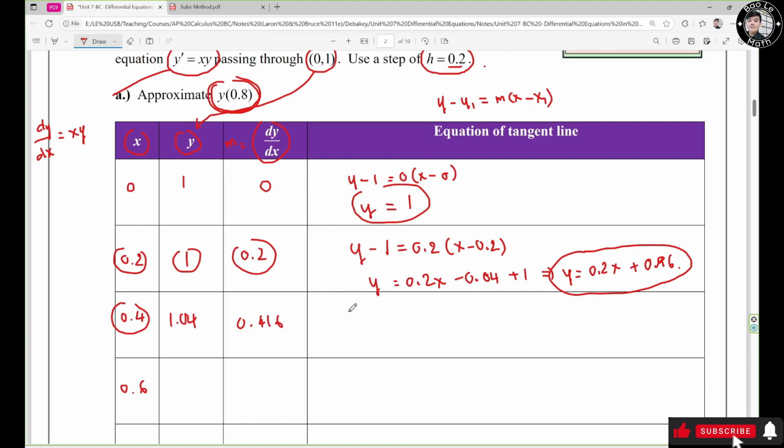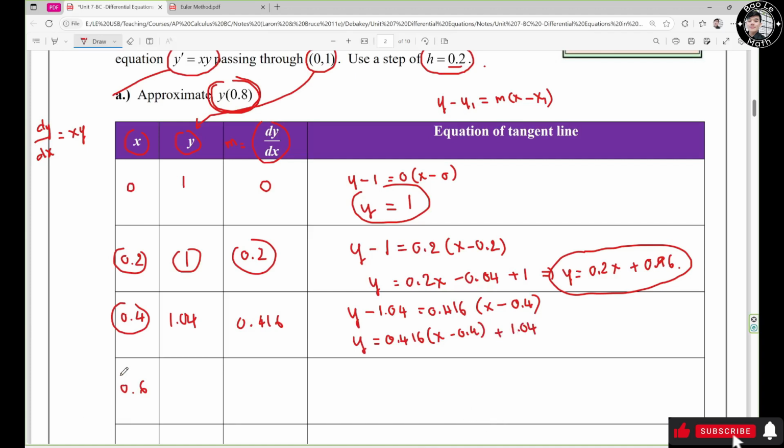Alright, so you have y minus y1, which is y minus 1.04, equals the slope, 0.416, times (x minus x1), which means x minus 0.4. Now I'm going to simplify this one, so it will be y equals 0.416 times (x minus 0.4) plus 1.04.